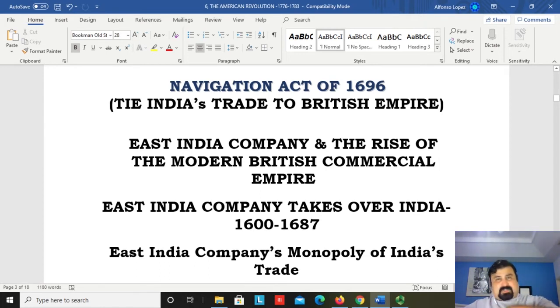Slowly but surely, across the century, the East India Company is going to begin purchasing land. In many cases, it begins to purchase land in India.